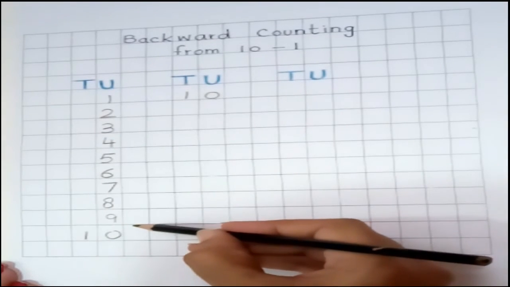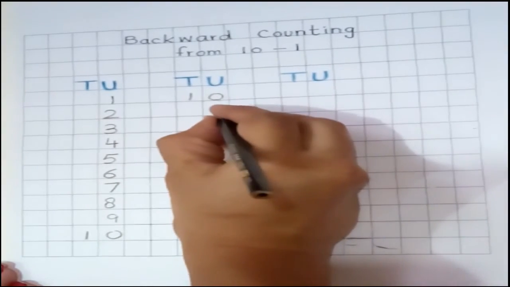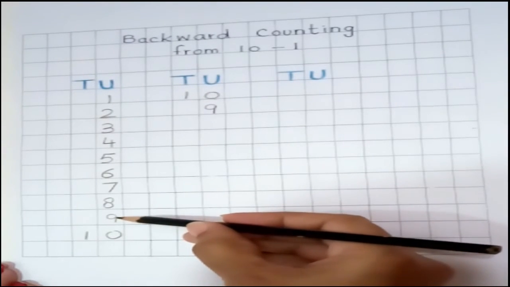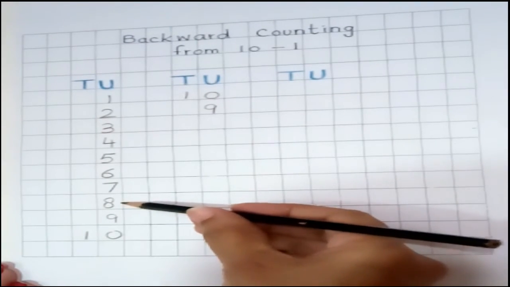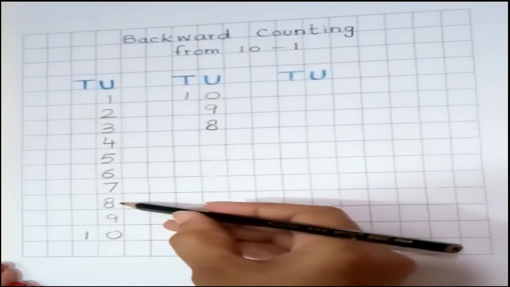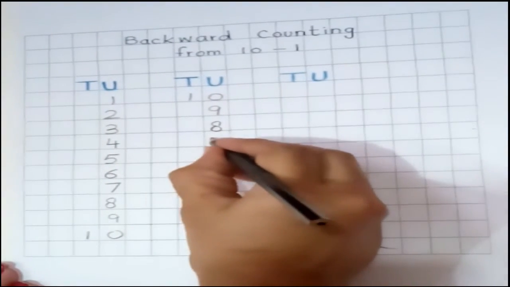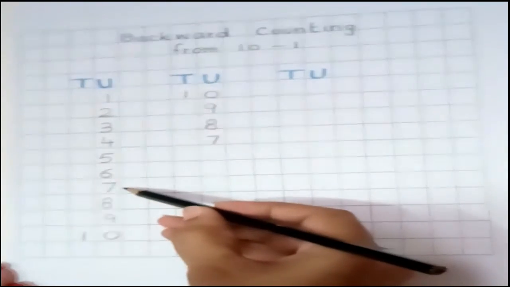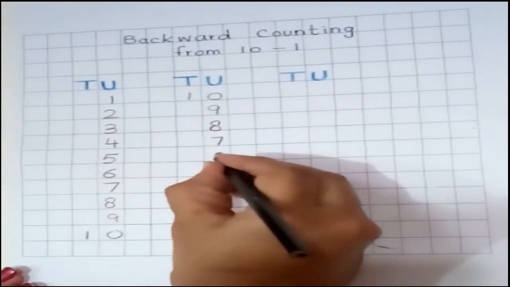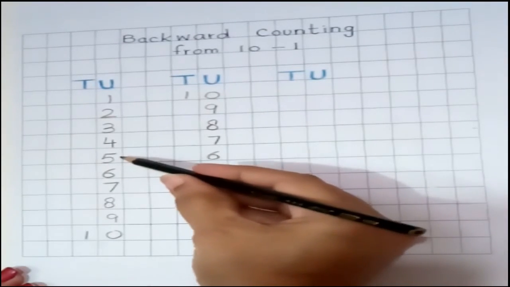What comes before 10? Yes, 9. Write 9. What comes before 9? Yes, 8. Write 8. What comes before 8? 7. Yes, write 7. What comes before 7? 6. Write 6. What comes before 6? 5.